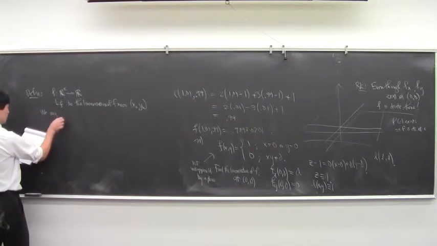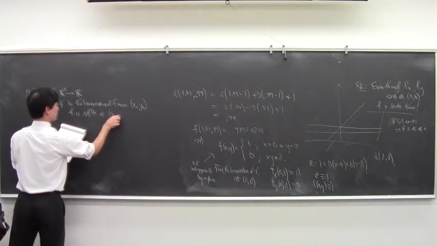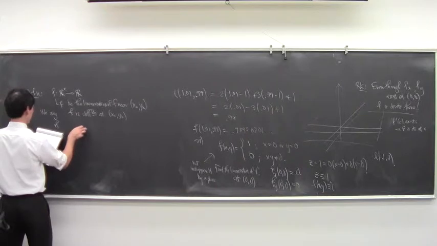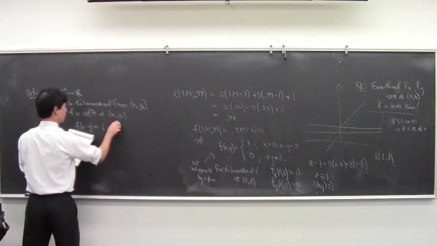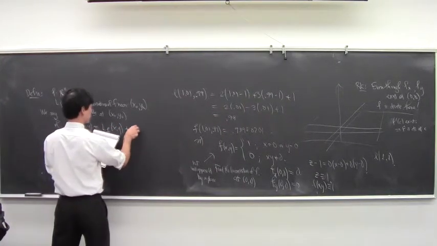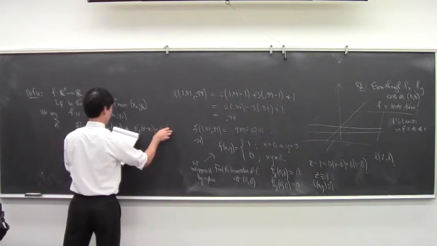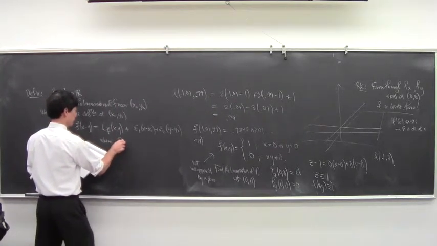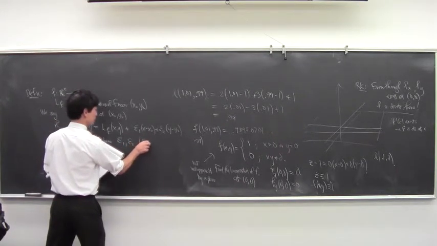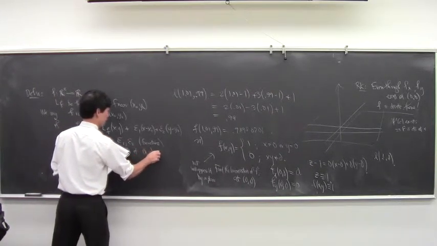We say f is differentiable at (x naught, y naught) if f of x, y equals L_f, its linearization, plus some function e1 of the difference between x and x naught, plus some function e2 of the difference between y and y naught, where these functions e1 and e2 go to 0 as (x, y) goes to (x naught, y naught).